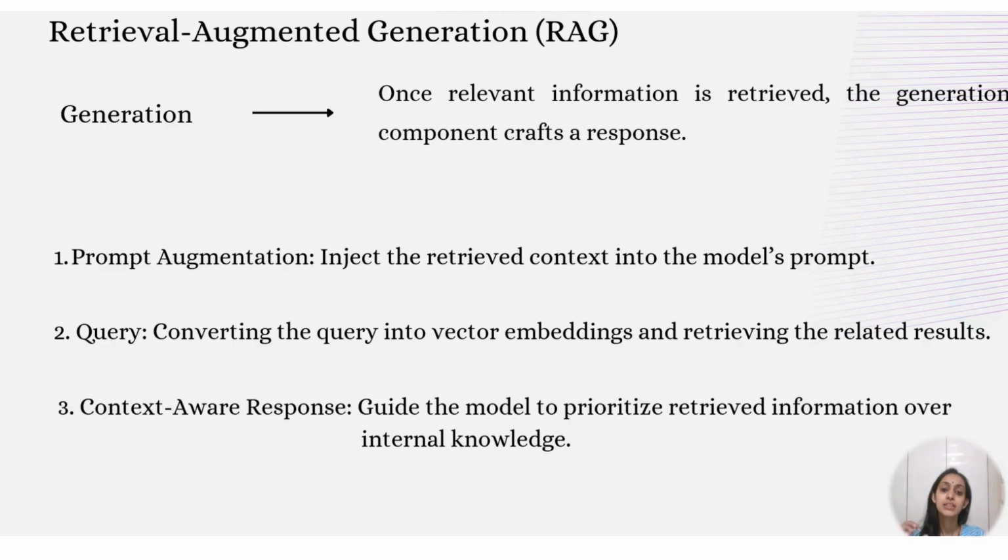Considering all these three main components, the response will be generated by the language model, which will be in a natural form, we can say. So this is how the RAG approach works.